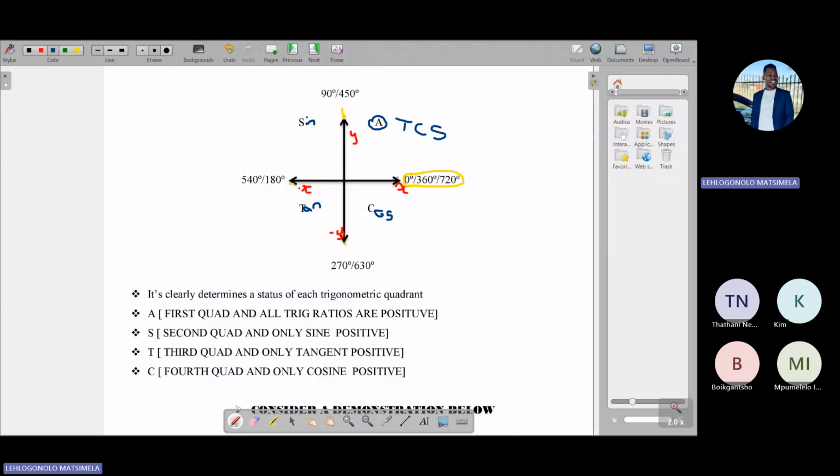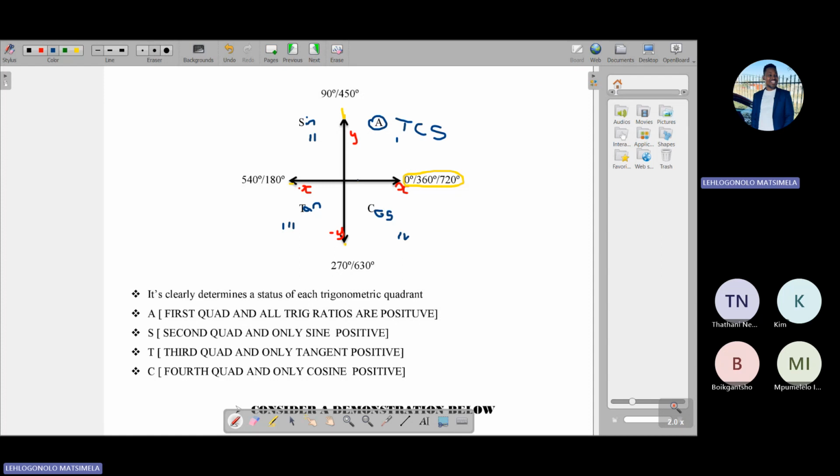Remember, I said that the quadrant is a circle that is divided into 4, and each section of the circle is referred to as a quadrant. Now in this part, we're having quadrant number 1, on this part quadrant number 2, on this section quadrant number 3, and on the last section quadrant number 4. So on this one, we are moving anti-clockwise.